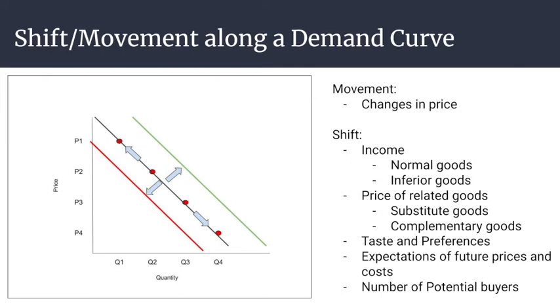Another non-price determinant is tastes and preferences. Whenever a product is presented in the market and it attracts a high quantity demanded, it is more likely that the demand curve is going to shift to the right, or outwards.